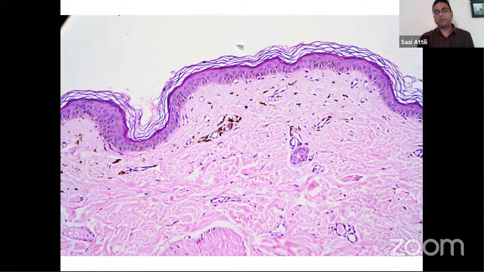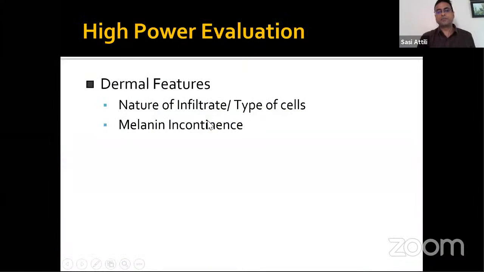So this is called post-inflammatory change, where you see effacement of the rete ridges. The rete ridges are completely gone. Then there is squamatization of the basal layer. The basal cells no longer appear columnar, they appear cuboidal, as if the spinous layer is sitting directly on the basement membrane.